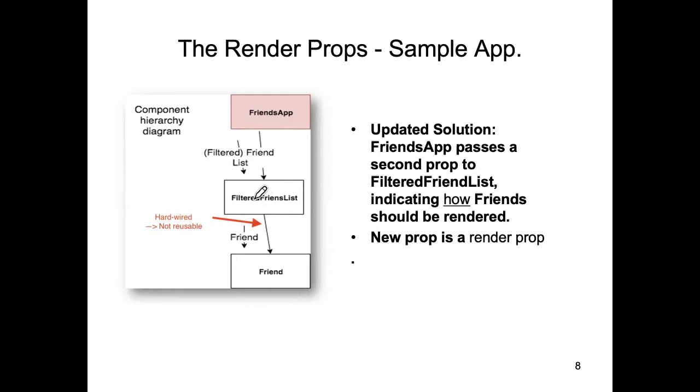The way the render props is going to work is this component up here is going to, via a prop, tell this one how it should render individual friend components. So this component at the top here computes which type of rendering it should pass down to this guy.